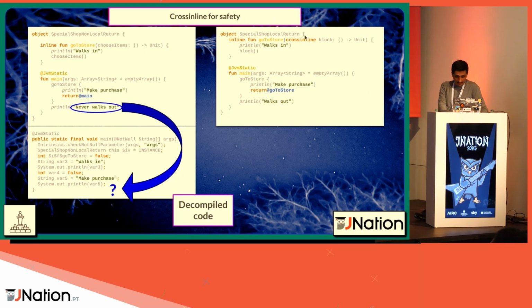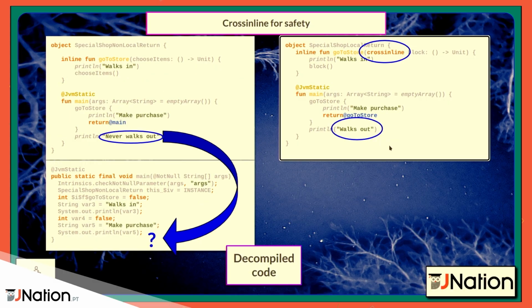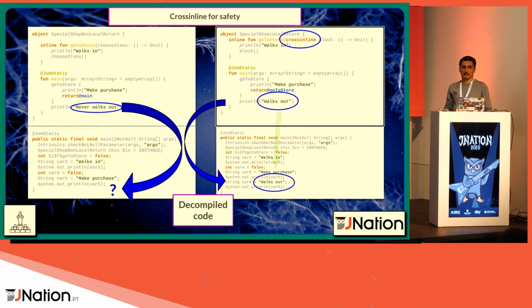So we are forced to use, in this case, a return to goToStore, which means that we are essentially safeguarding that the buyer walks out simply because we are using crossinline. So it works as a safety, as a marker, so that we don't make those calls back to main and skip the rest of the code. And this is as simple as it is.